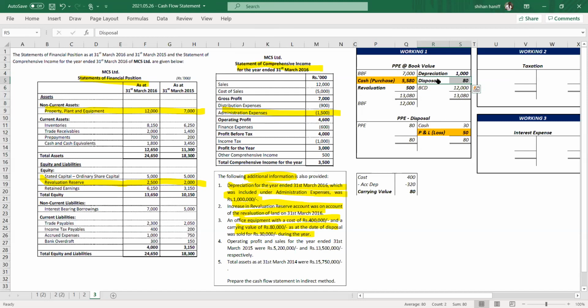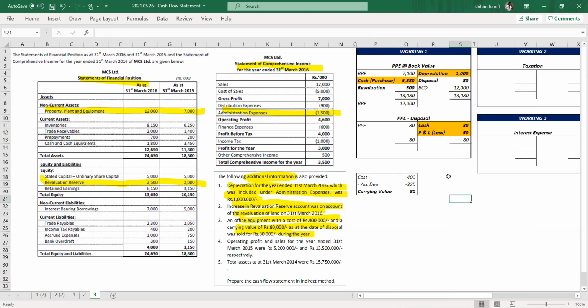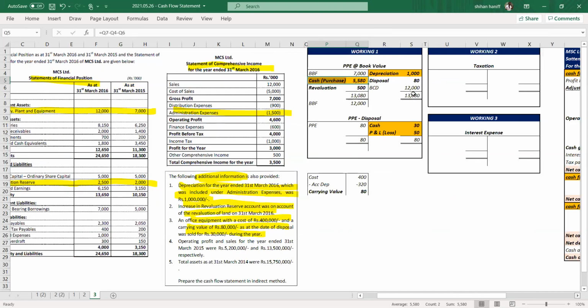So here we need 4 transactions: depreciation, disposal loss, purchases, and disposal proceeds. These are the 4 entries that come for the cash flow statement. Let's go to the cash flow statement and record under adjustments.